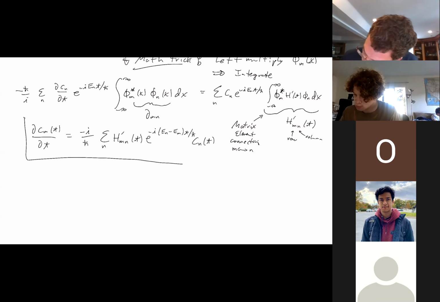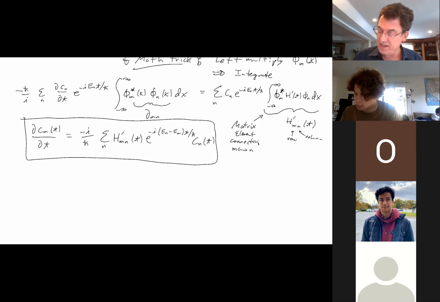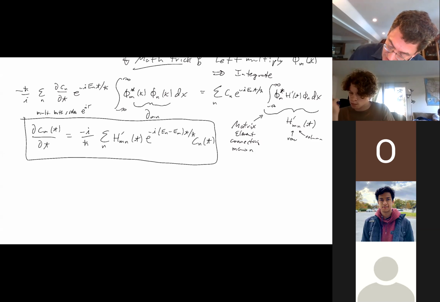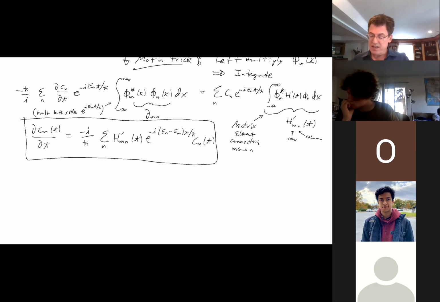This is what we get. And you can see I simplified, I multiplied both sides by e to the i Em t over h bar to do this, right?